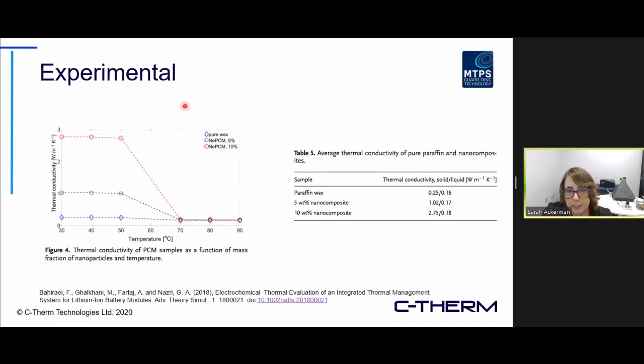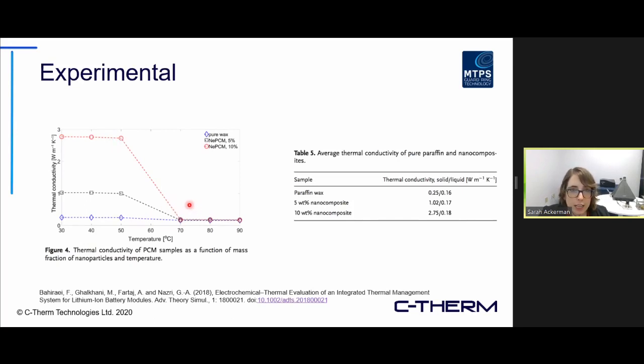And to do that, they needed to make sure that their composite PCM material would in fact have an improved thermal conductivity. So they measured the thermal conductivity of the composite material. And with about 10 weight percent filler material added, they had a very large improvement on the thermal conductivity, over 10-fold improvement.